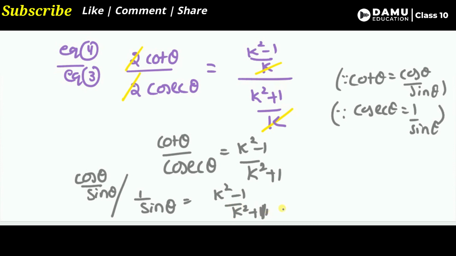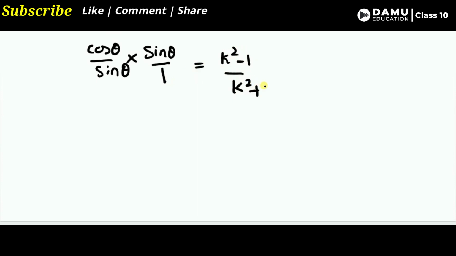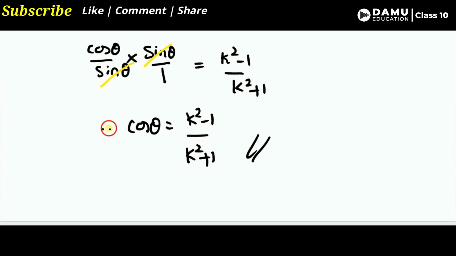Taking the reciprocal, cos theta by sin theta into sin theta by 1. Here sin theta cancels with sin theta. Then cos theta will be equal to k square minus 1 by k square plus 1. This is our answer, hence shown.